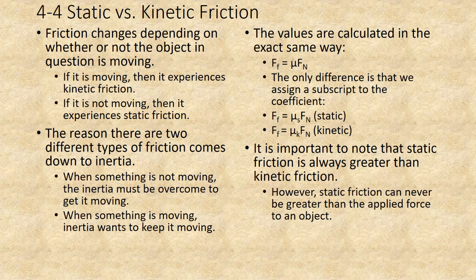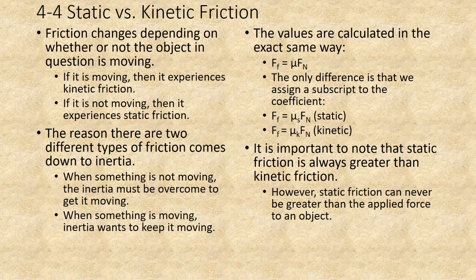An object will have either static friction or kinetic friction. It cannot have both of them. Now, friction will change depending on whether or not the object is moving. As I said, if it's moving, it's kinetic friction. If it's not moving, it's static friction. If the object goes from rest to moving, it goes from having static to kinetic.